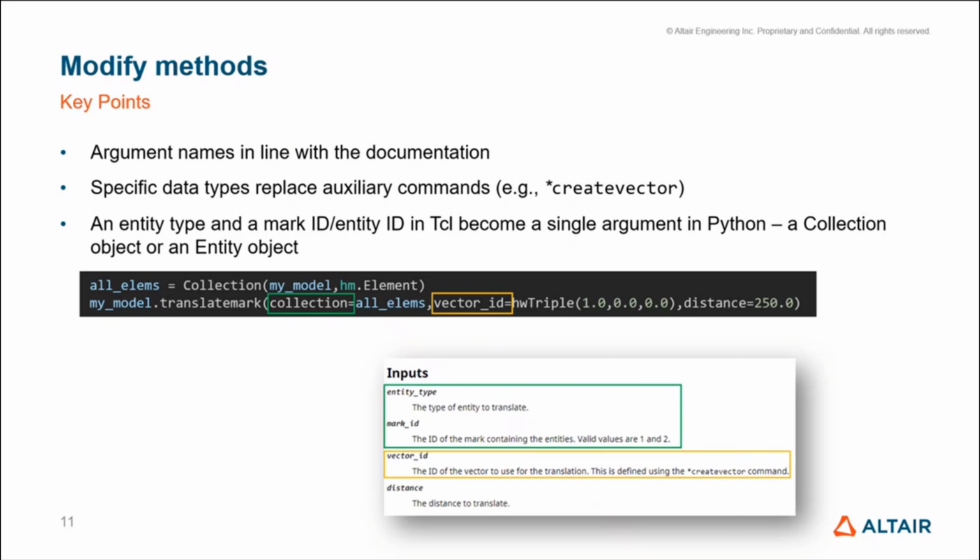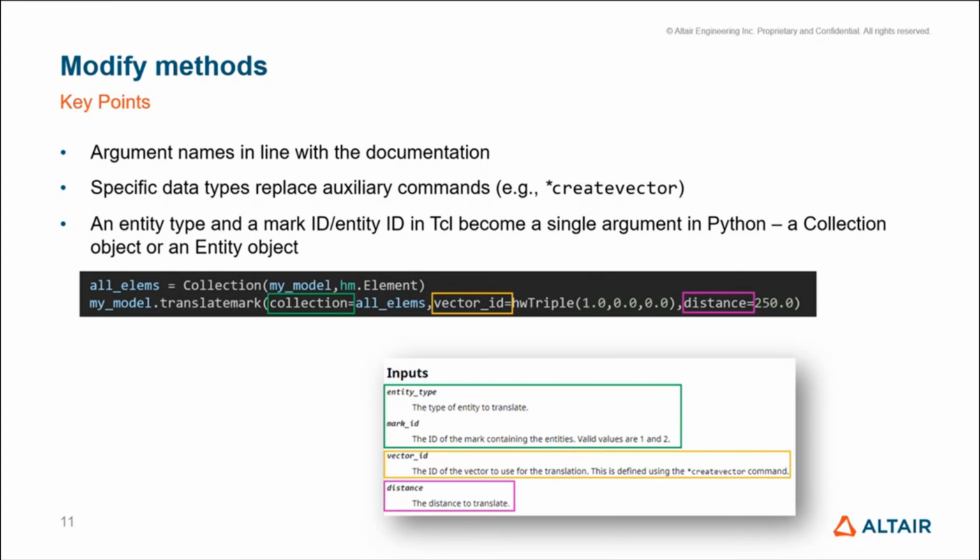Vector ID does not require a create vector command beforehand. It simply refers to an HW triple object. I will explain in a few minutes. It's not always necessary to use the specific data type. We have introduced implicit conversion in the background, which will be further improved. So in many situations, the user can simply supply a native Python data type.